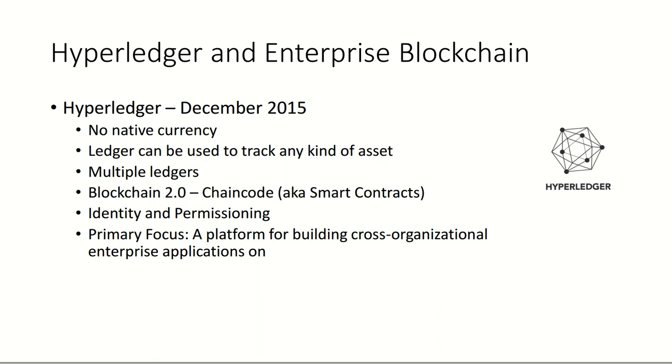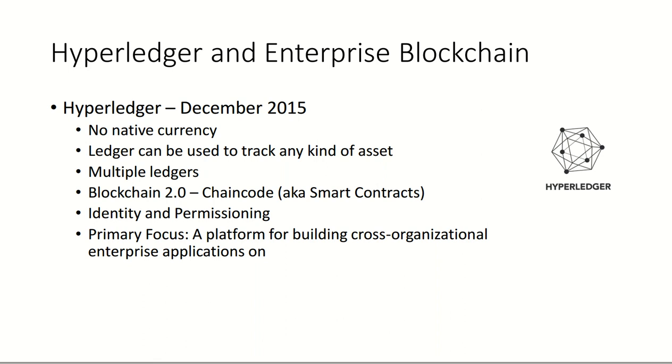Maybe you've negotiated a special low price with supplier A. And supplier A will only give you that price if you keep it quiet, because maybe they can't afford to give that price to everybody. Well, on something like Ethereum, that's going to be problematic because there's only one ledger, and all of the data on that ledger is fully transparent. Hyperledger starts to address that with multiple ledgers and permissioning.